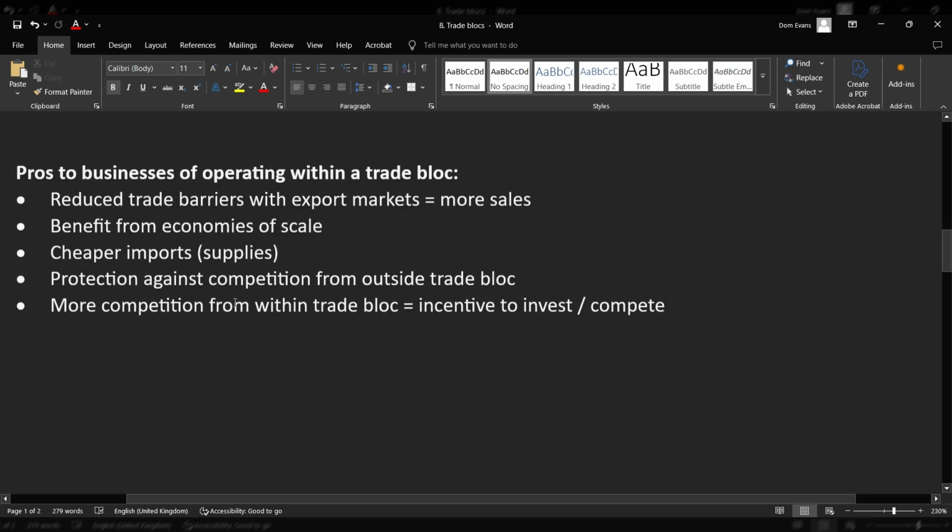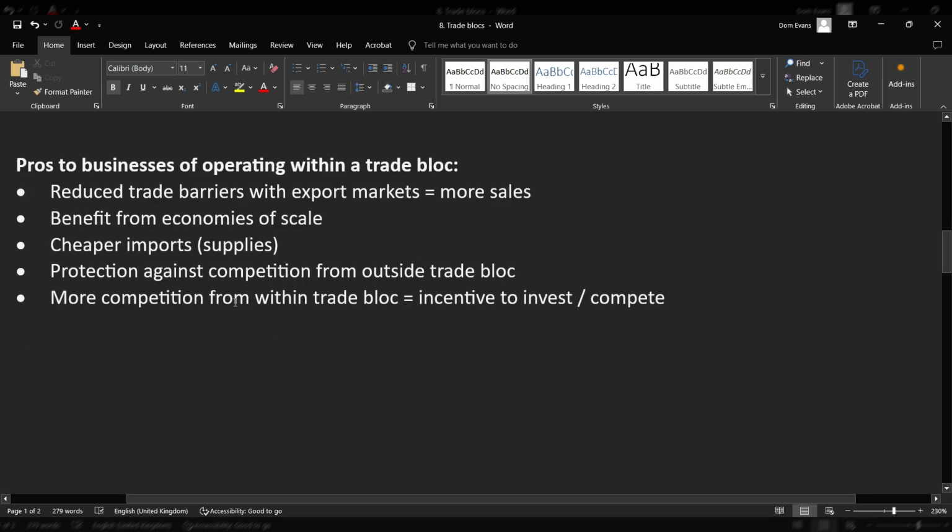Okay, so what are the pros to businesses operating within the trade bloc? Well, let's focus on revenues. You've got a bigger potential market, okay, because fewer trade barriers means it's easier to trade abroad, more customers, more sales, more revenue. On the cost side, I should benefit from economies of scale.